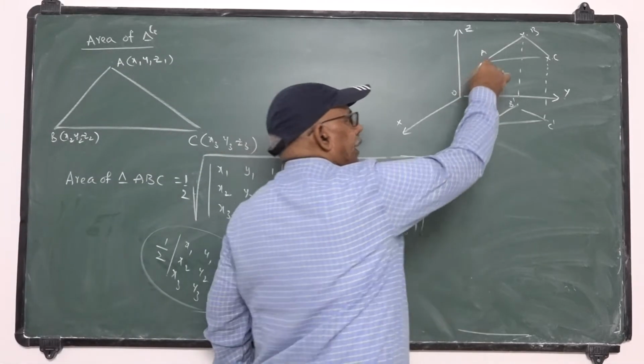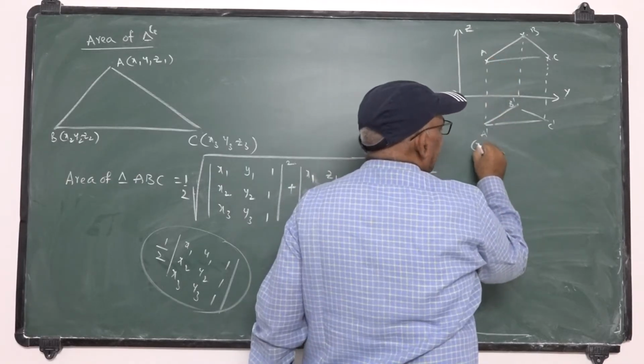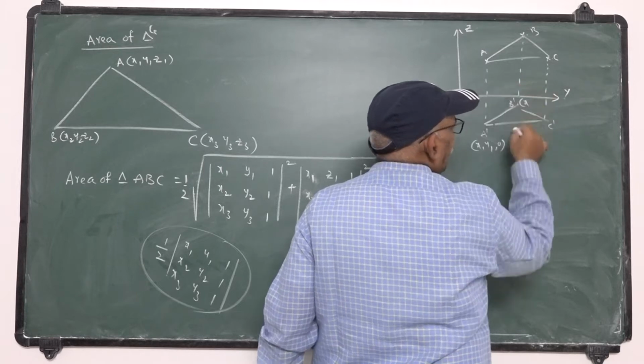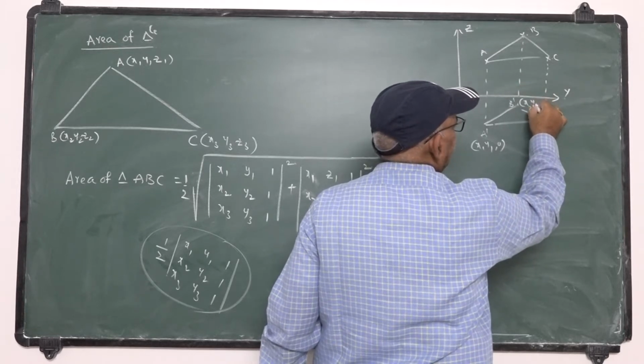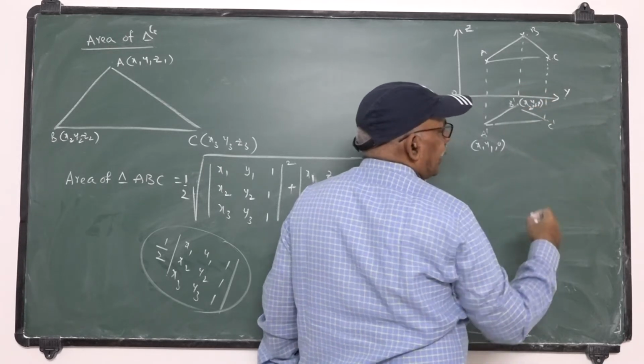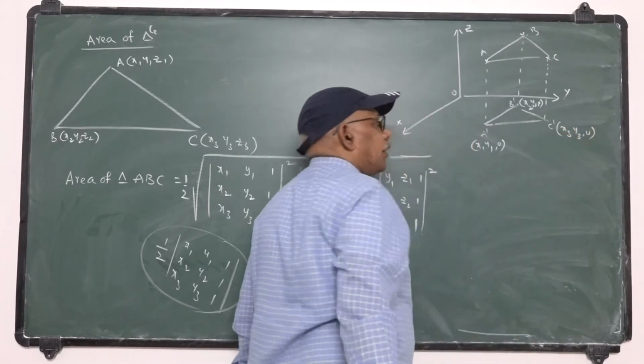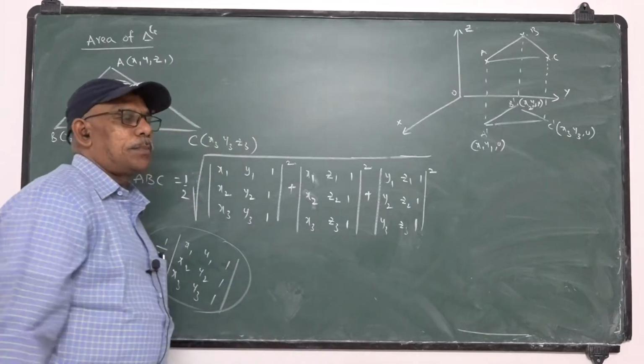Because the projection of A on the XY plane is (x1, y1, 0), the projection of B is (x2, y2, 0), and on the XY plane the Z coordinate is 0. This is the projection of C on the XY plane.